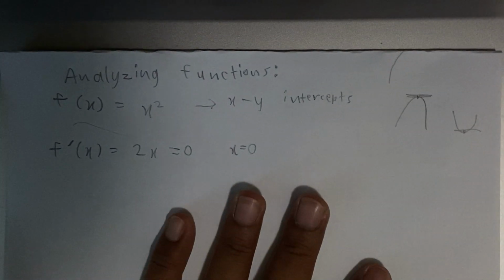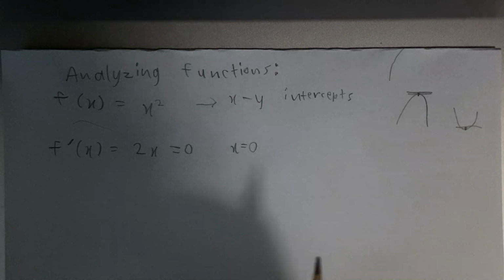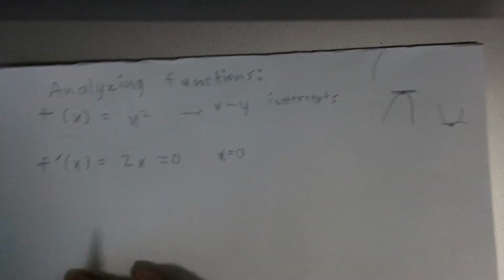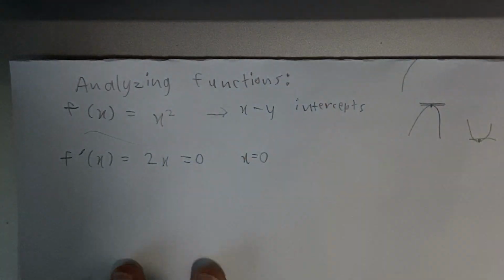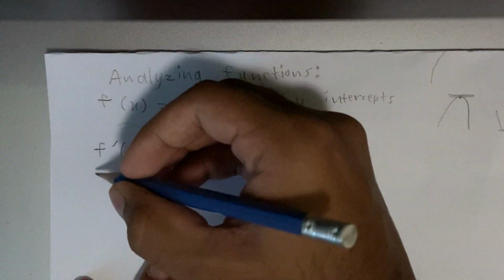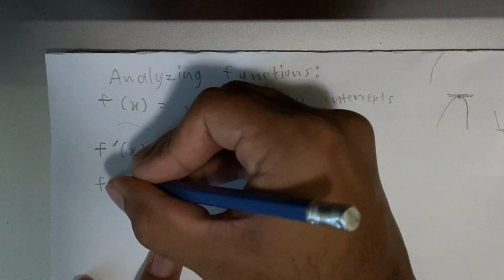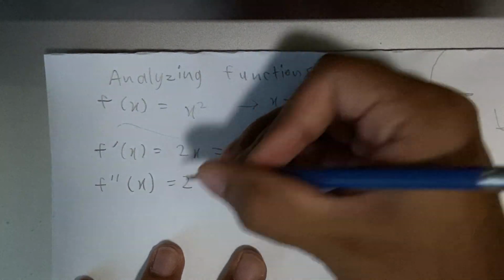So now we know that we have either a minimum or a maximum at x equal to 0, and we can plug this in to find the value of that minimum or maximum. But to find out whether it is a minimum or maximum, we take the second derivative, which is equal to 2.